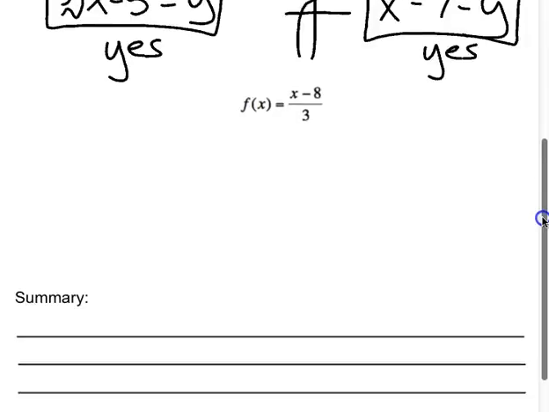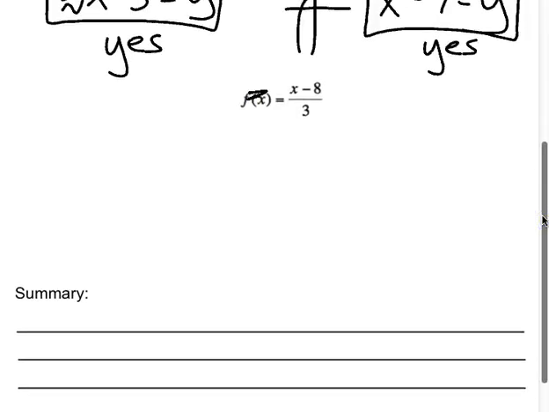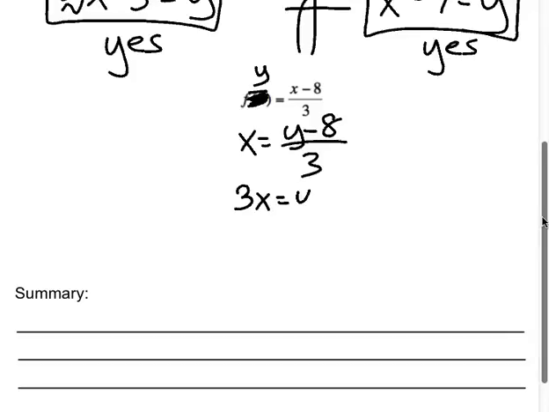And if you look at our last one, so here again, that is just a fancy y. Let's reverse them. All right. So here now resolve for y. So I'm going to multiply the 3 over and add the 8.